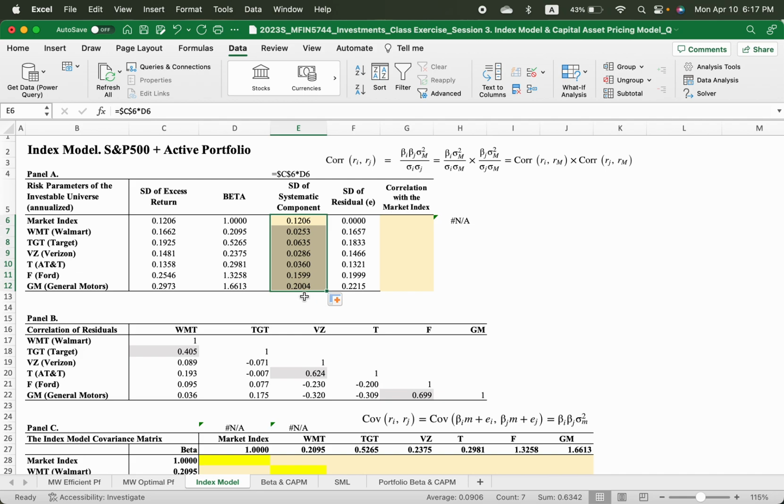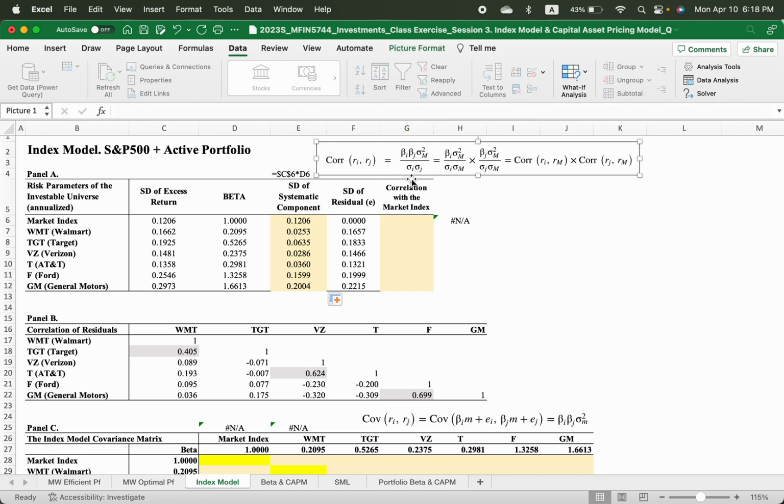So we calculated the standard deviation of the systematic component. That's why we use only the standard deviation of excess return of the market index, but we apply the unique beta of the individual security. Now this is given, the correlation with the market index. Take a look at this equation of the correlation.